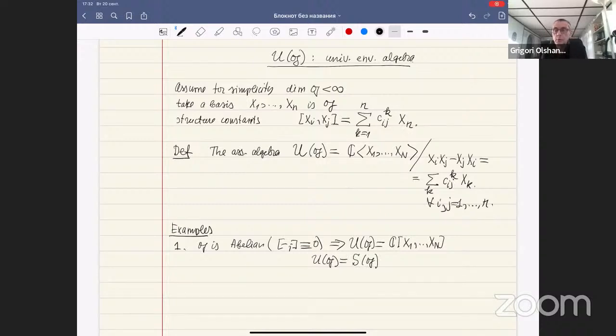There is nothing except the vector space structure.